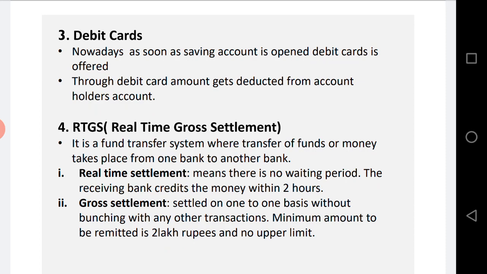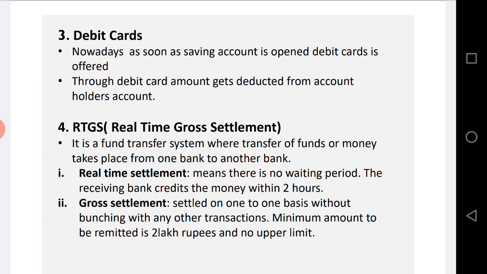Gross settlement means it's settled on a one to one basis without bunching any transactions. The minimum amount to be remitted is 2 lakh rupees and there is no upper limit. That means the transactions are not bundled together. A single entry is passed, a single transaction is carried out.